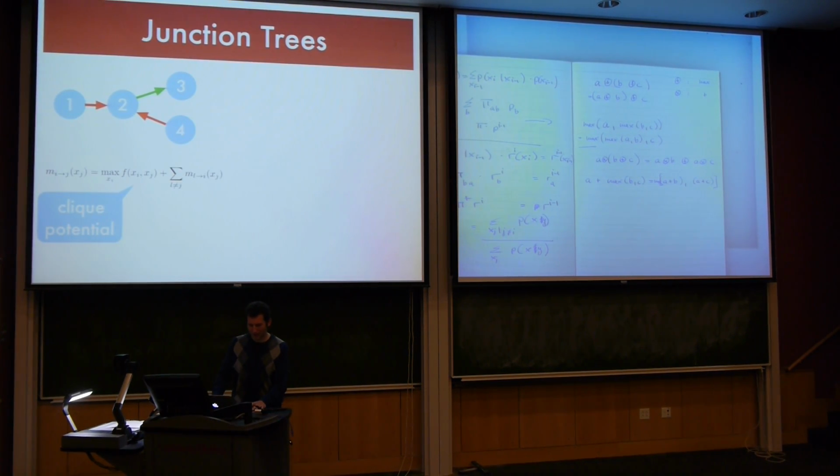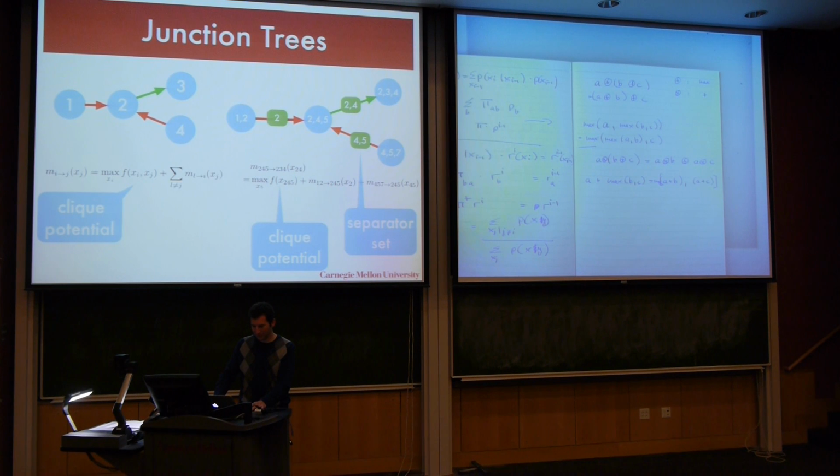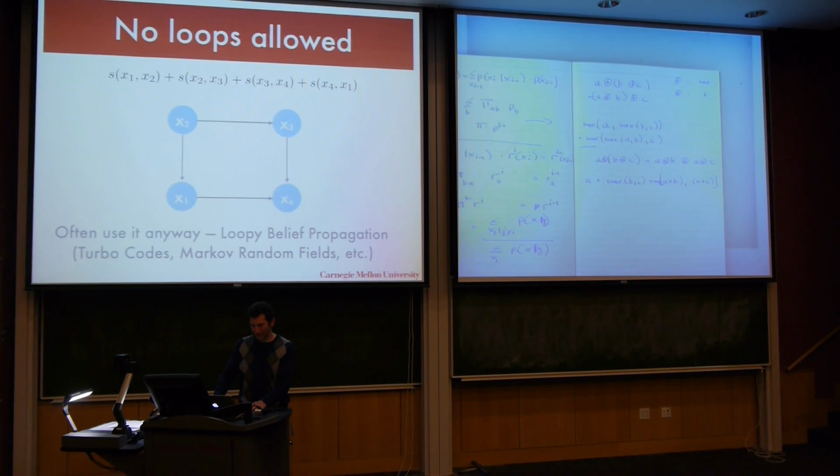So for cliques, same thing as before. Now the last thing is, of course, you're not really allowed to have any loops whatsoever in this case. Before, I showed you how you can turn those loops, which would give you not a junction tree but a junction graph, into a tree by just adding edges.